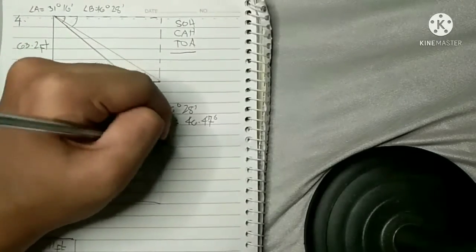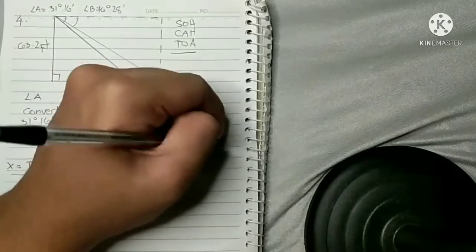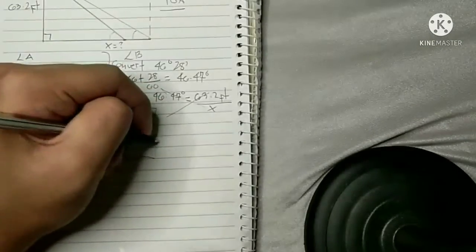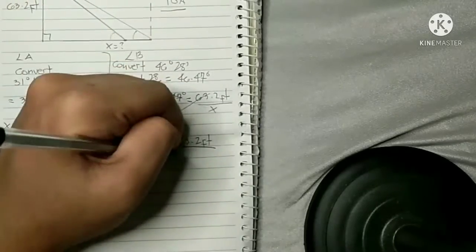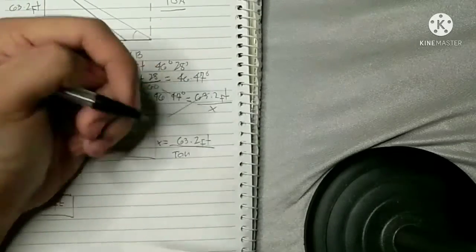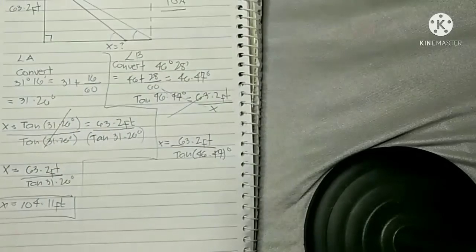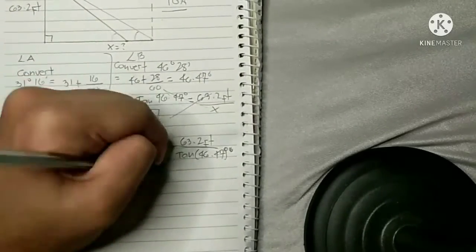So tangent 46.47 degrees equals our opposite, which is 63.2 feet, and our adjacent is unknown. We'll have x equals 63.2 feet over tangent 46.47 degrees. So we can solve now.